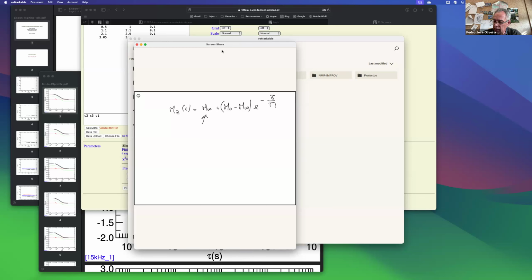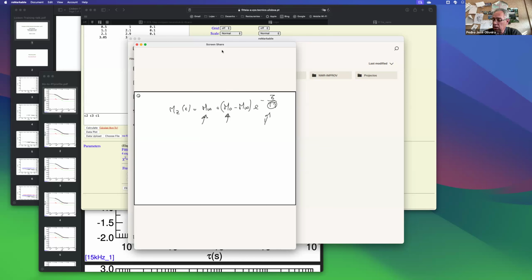Well, in this case, this is a parameter, a fitting one. This one is a parameter, and T1 is a parameter. So we have three parameters. These ones are linear, so the function is linear on both M-infinity and M0, but is non-linear on T1 because it's part of the exponent of this exponential function.